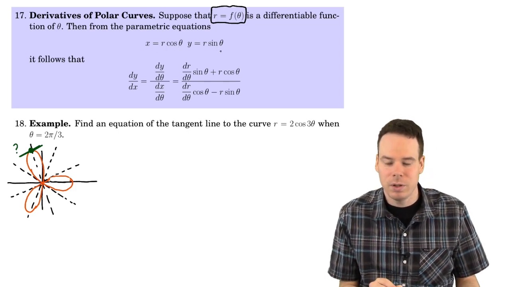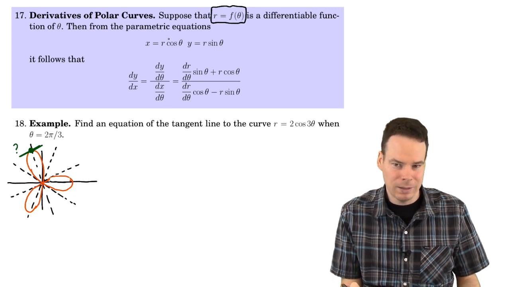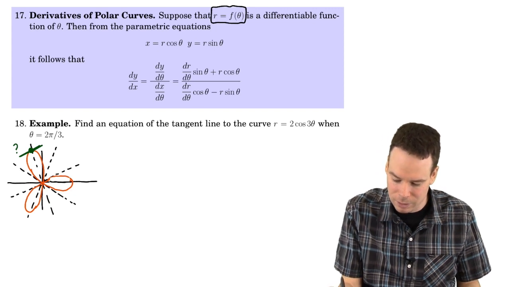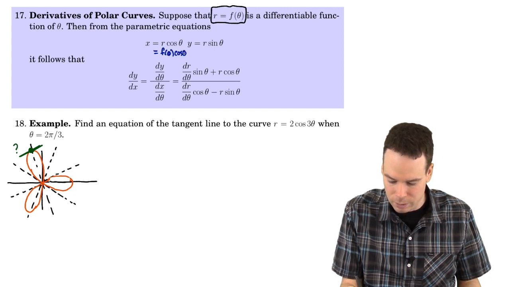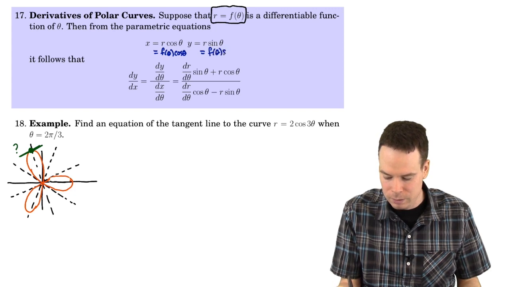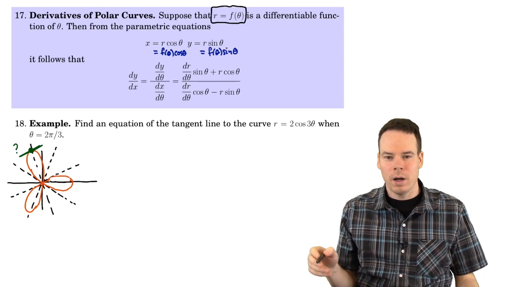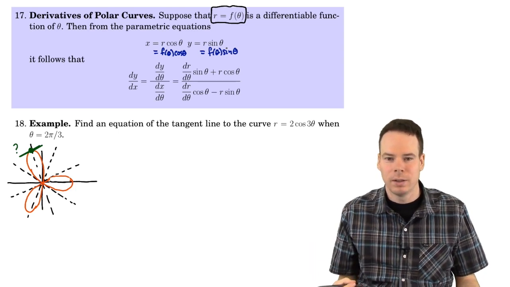Now the key thing to note here is that r and theta are not entirely independent anymore because r is related to theta. So we're thinking of this as x equals f of theta cos theta, and y equals f of theta sine theta. So x and y change in terms of this variable theta.